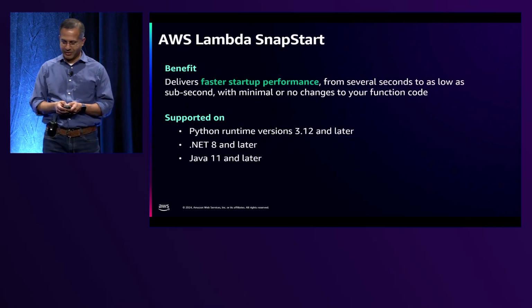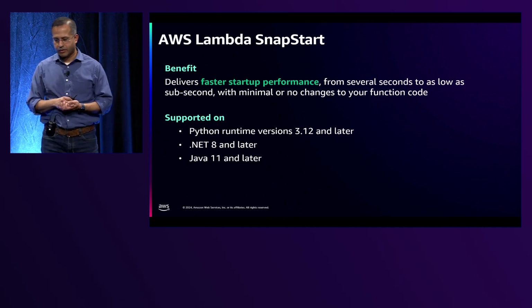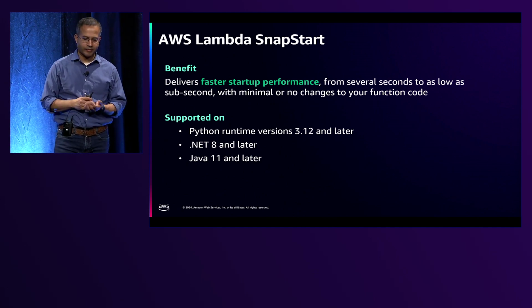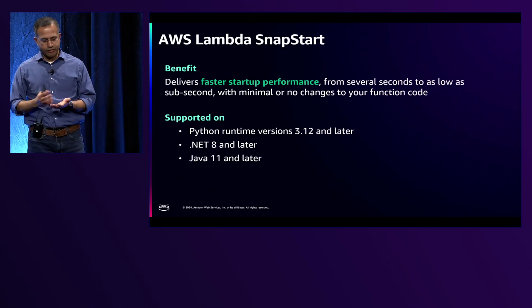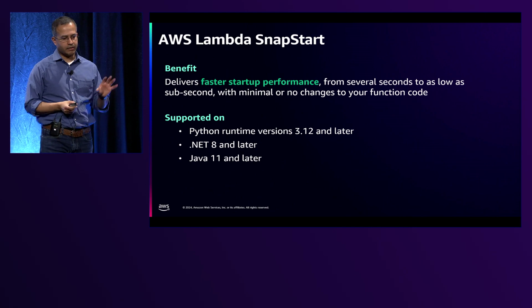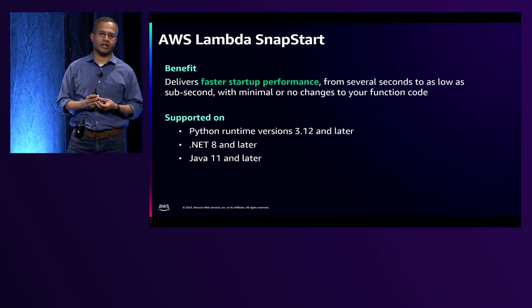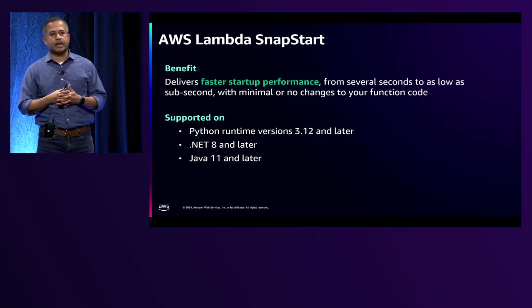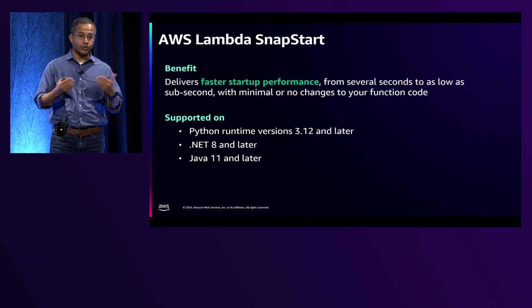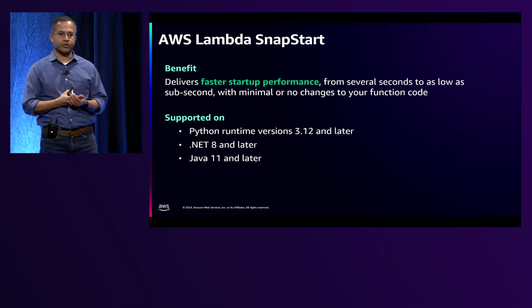Sorry, if I could go back. Something to keep in mind is the benefits and the use cases. Where is SnapStart helpful? I think there are two main use cases. If you have latency-sensitive web APIs or web applications, especially if they are user facing and latency is critical, that's somewhere SnapStart is going to be helpful.